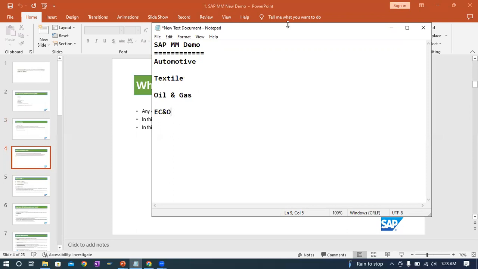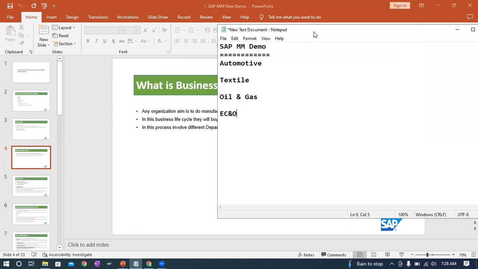If you take the automobile industry, what is their aim? They will produce a car, bus, whatever manufacturing facility they have. For example, if you take the car, they will manufacture the car, then do some marketing and sell it into the market.